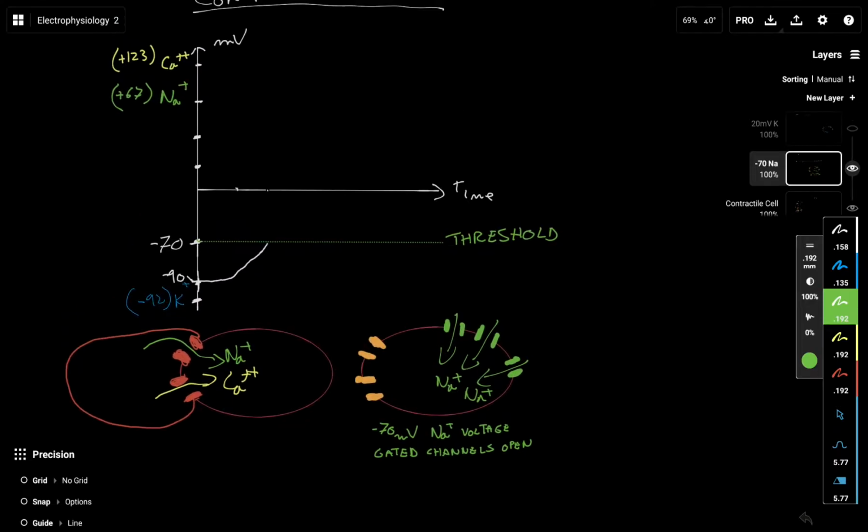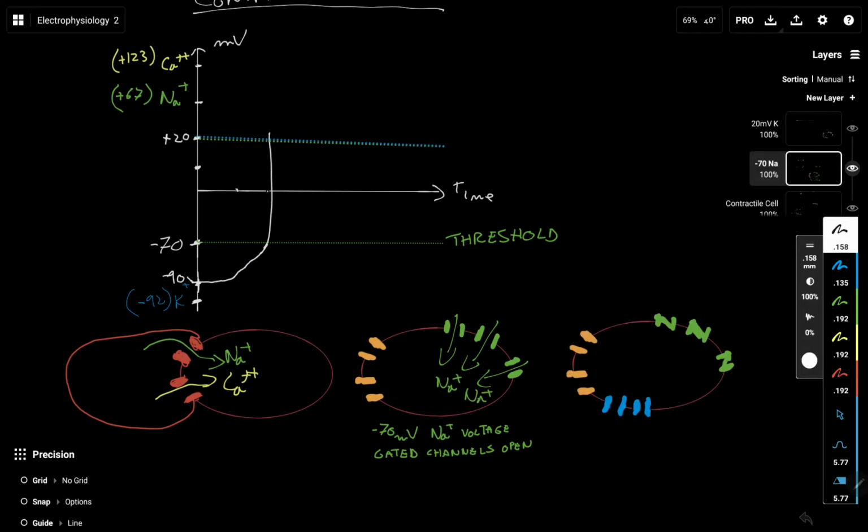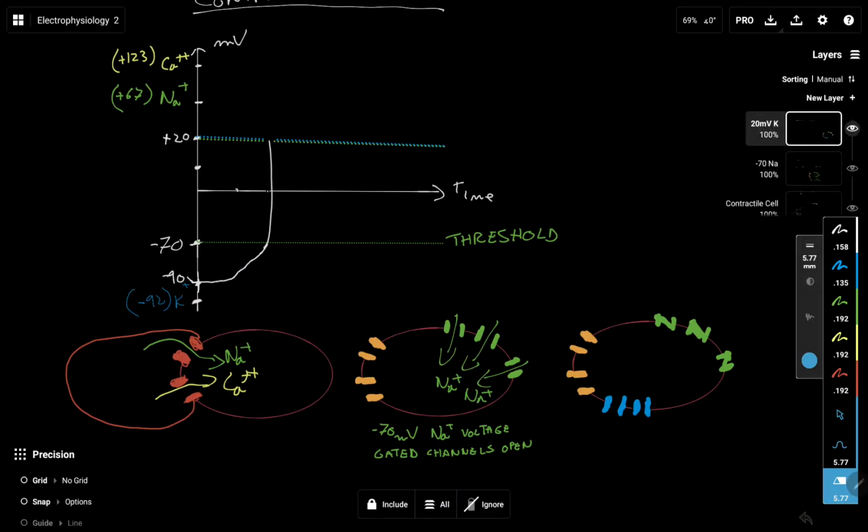What does that mean to my action potential here? After reaching minus 70 and all my sodium channels opening up, it's going to get a very, very rapid depolarization, just like that. And it's going to reach approximately plus 20 millivolts right there.